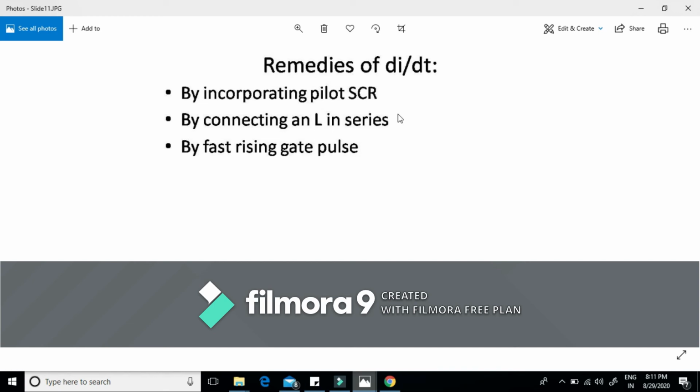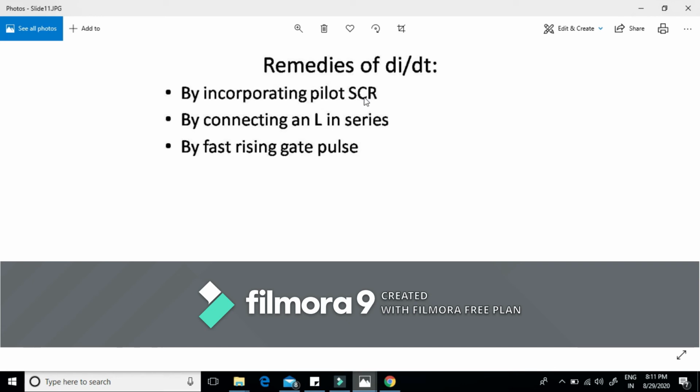This high di by dt can be avoided by improving the gate structure by incorporating an amplifying gate structure, that is called a pilot SCR. This pilot SCR supplies large current to the gate of the main SCR.